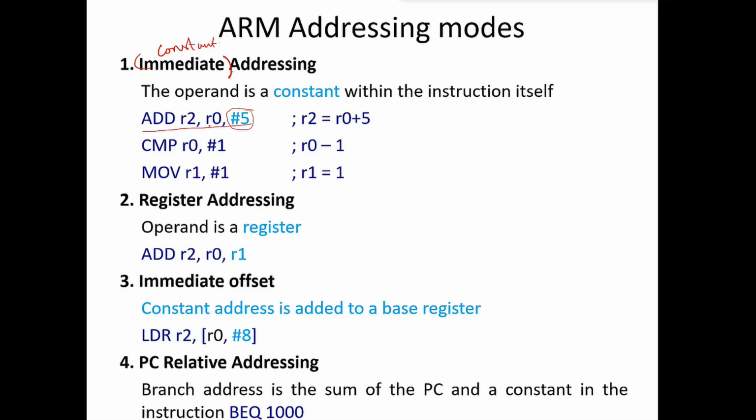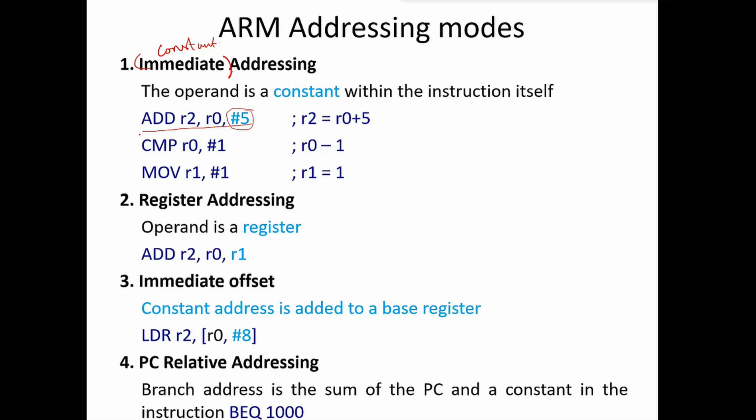There is no need to fetch it from memory or anywhere else. So directly this 5 will be there in the instruction. That's why the data appears immediately next to the operand, and whenever you have a constant in the instruction, it is referred to as immediate addressing mode. So in immediate addressing mode, the operand is a constant within the instruction itself.